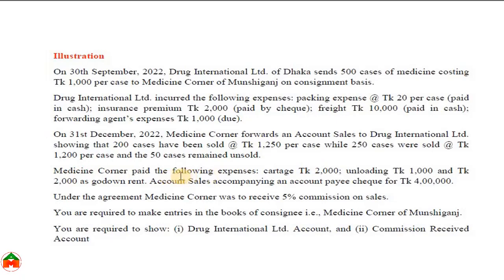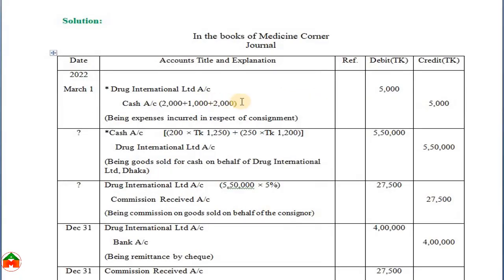We can see the consignee paid 2000 for cartage, 1000 for unloading, and 2000 for godown rent. Since the amount is paid, that's why cash is credit, and the debit side is showing Drug International Limited. It is the name of the consignor.